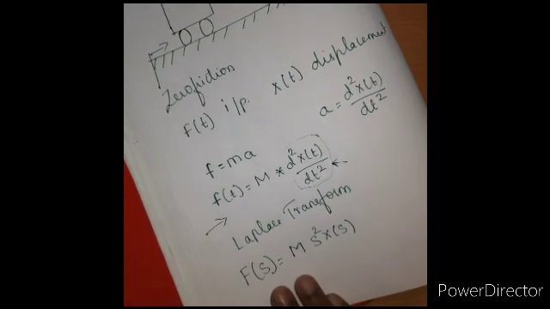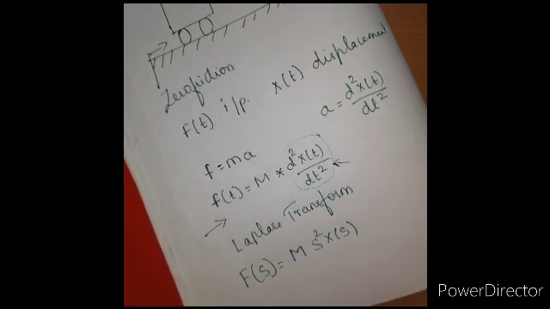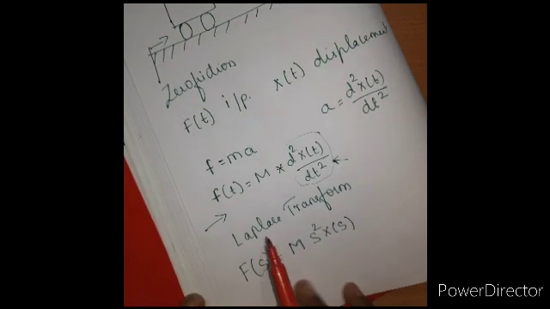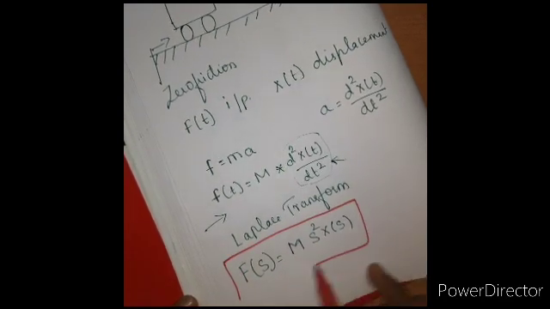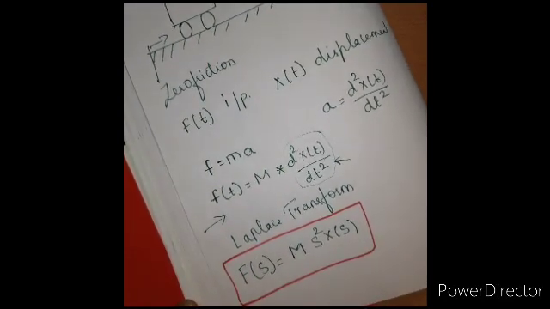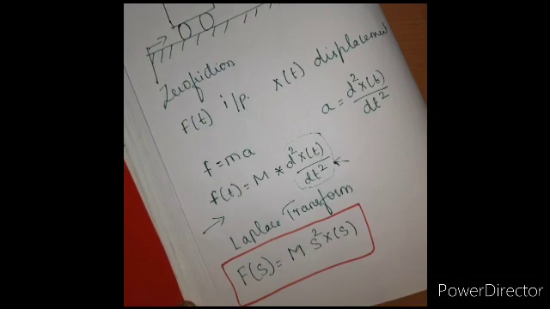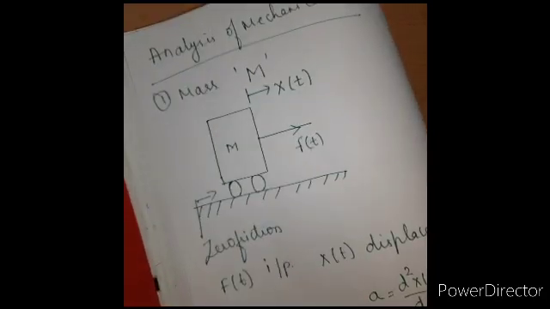So now what you are getting as your final answer for this mass is F of s is equal to m into s square x of s. This is when one mass is considered.